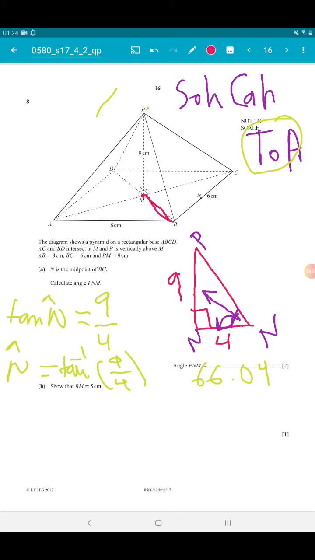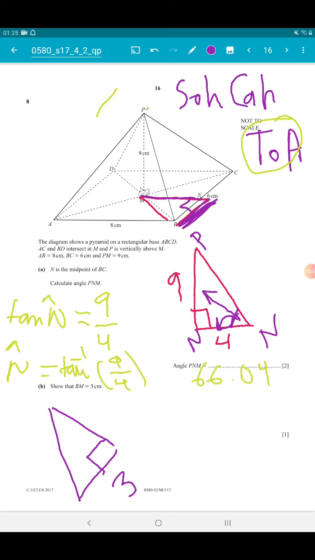Where's BM? BM exists in this triangle. This triangle is a right angle triangle because the angle between this and this equals 90. If you draw it here, this side equals 3.